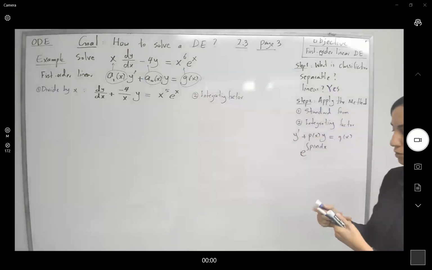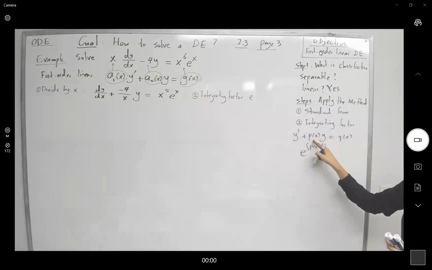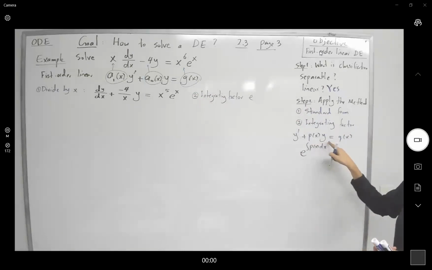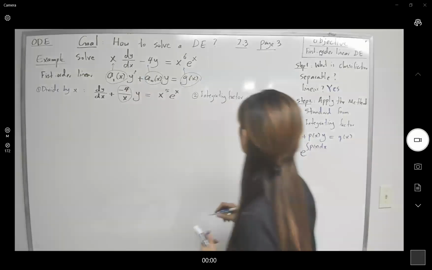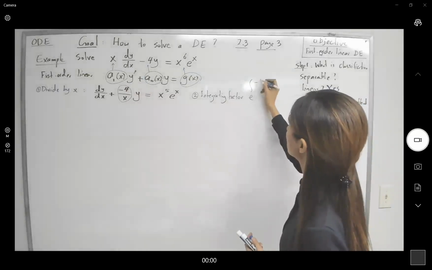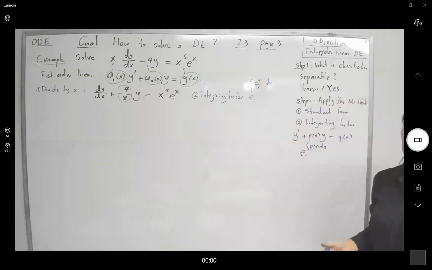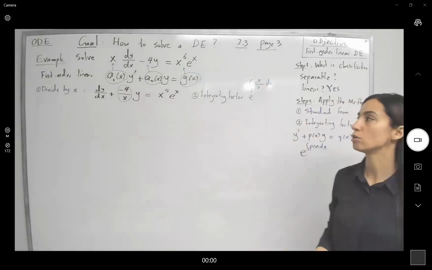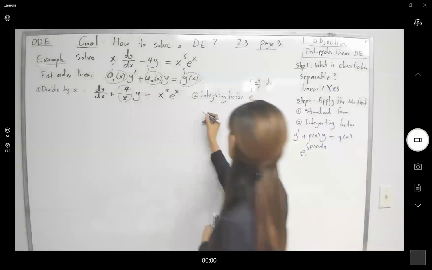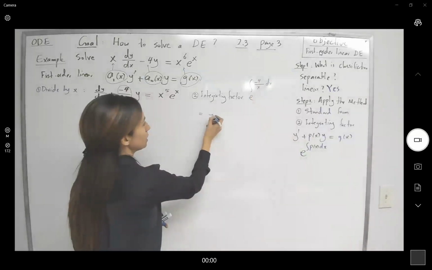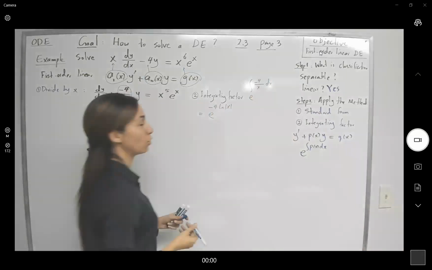Here you have e to the power, what is p(x)? p(x) is the coefficient of y. Your p(x) is -4 divided by x. So e to the integral of -4 over x dx. We already know what the integral of -4 over x dx is. This is equal to e to the -4 ln of the absolute value of x.